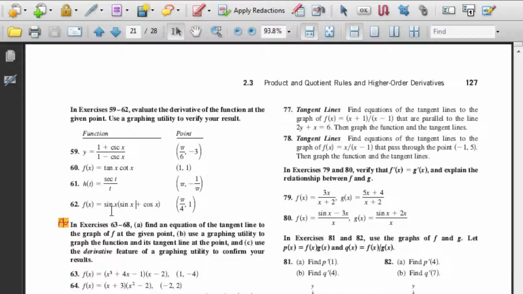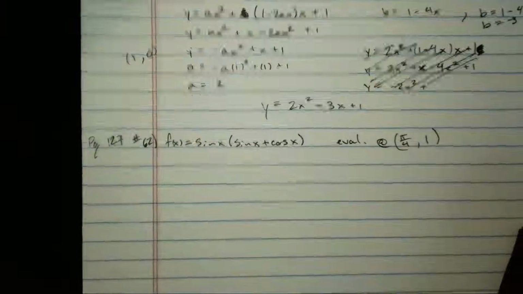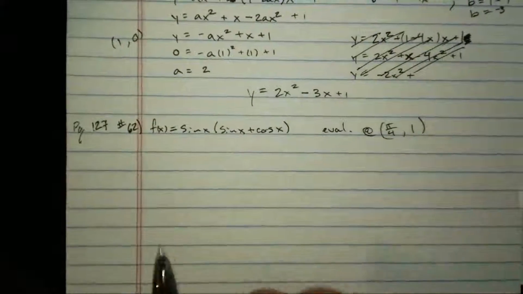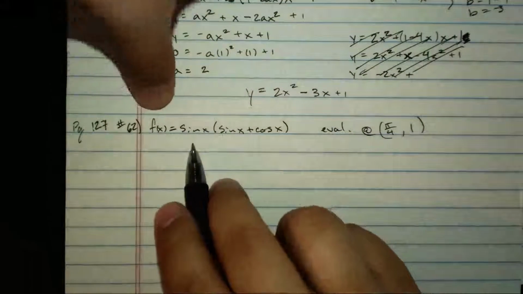That's your point. No, I'm not going to show you the test problem. But I will show you a question that is similar to the one on the test, which is number 62. Okay? So let's go to the actual problem on my paper. Let's find the derivative of this stuff.